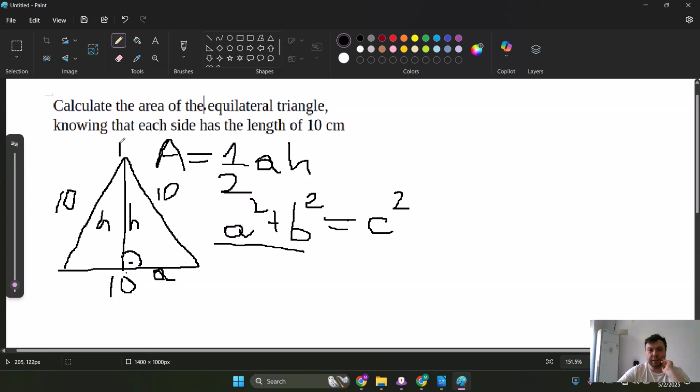Okay, we can have a, b, and c. So this triangle has the shorter side a, the height is represented as b, and the hypotenuse, the longest side opposite the right angle, is called the hypotenuse.